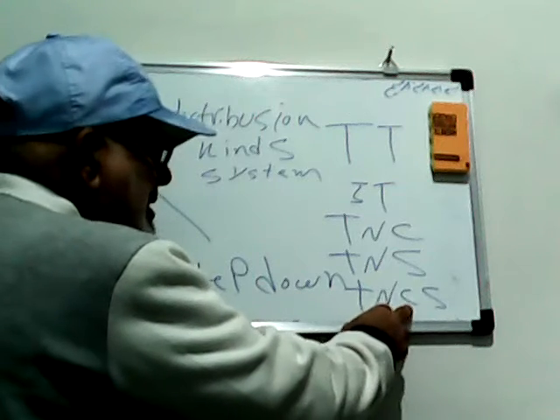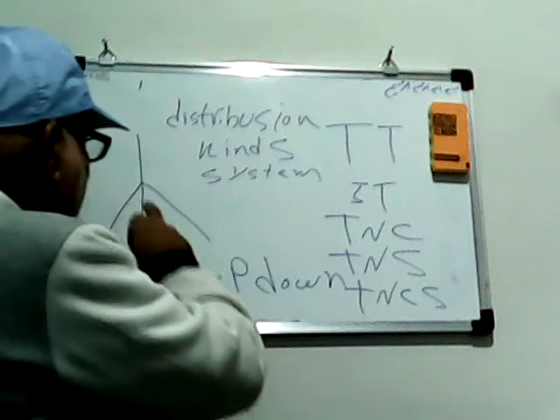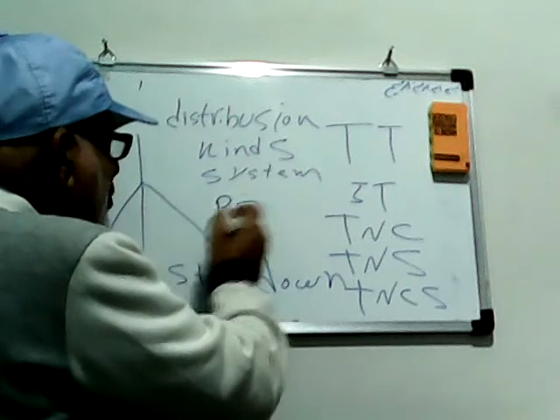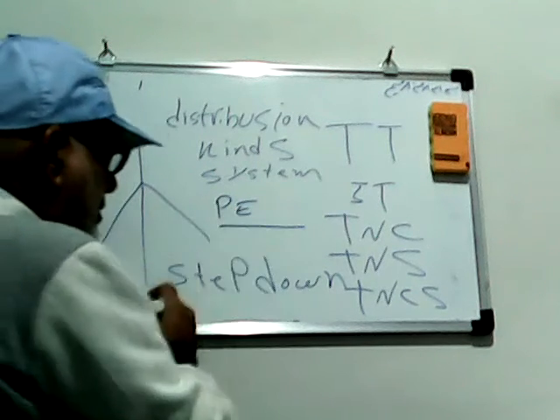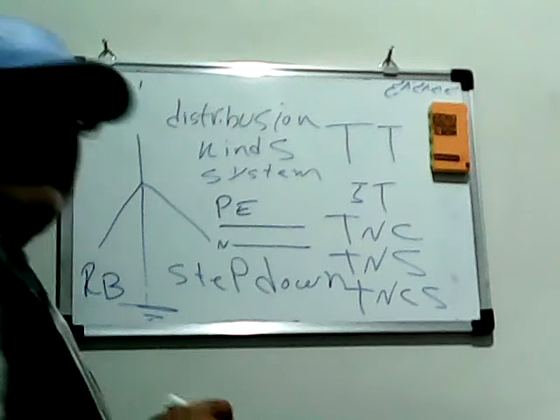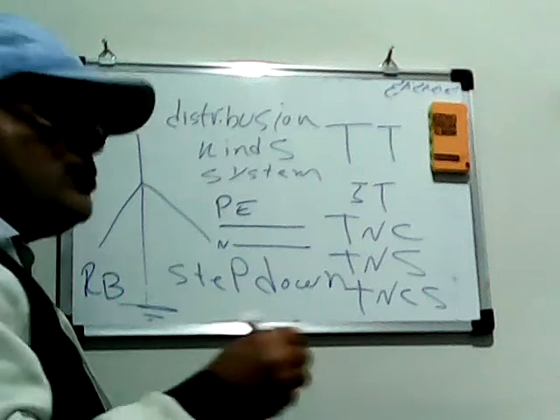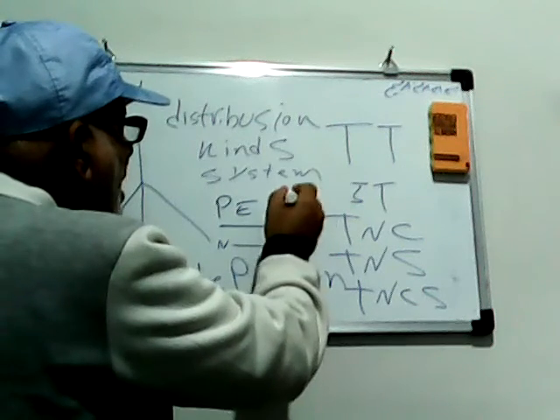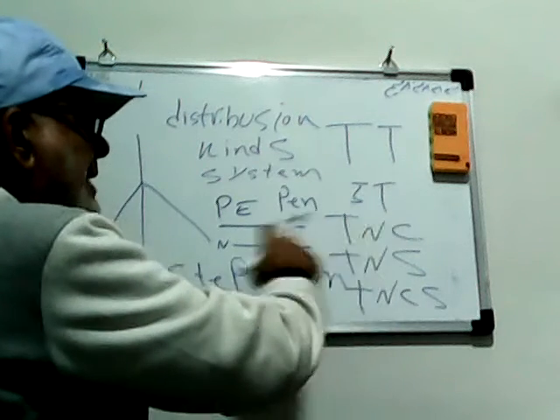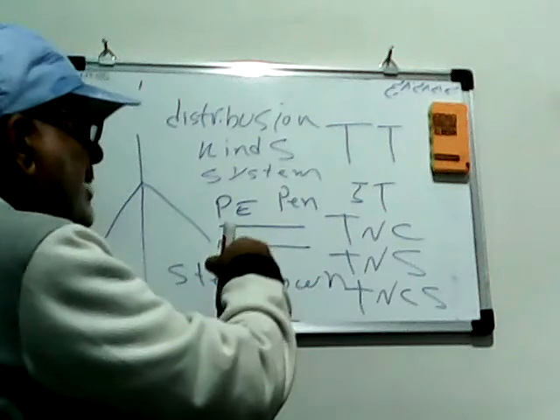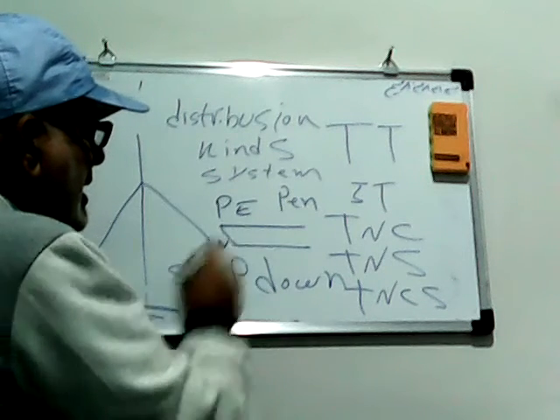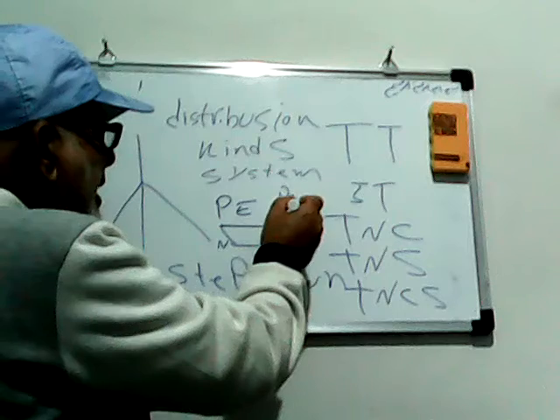The third letter: if it is C, it means we have PE, the protective earth wire, and N, the neutral wire, joined together, and as a result it is a PEN.